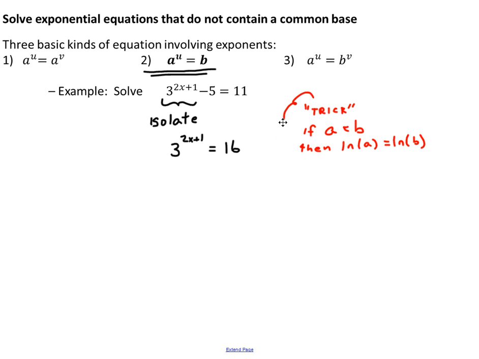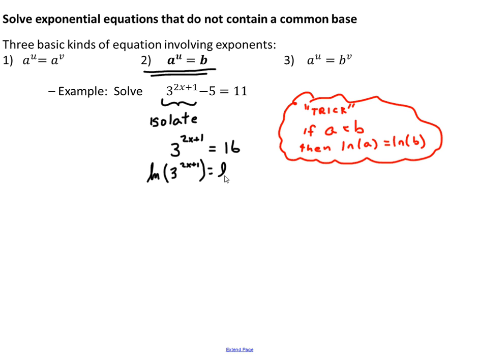So if we apply our trick, we take the natural logarithm, the logarithm of the base e, of the left side, 3 to the 2x plus 1, and take the natural logarithm of the right-hand side, the natural logarithm of the number 16.